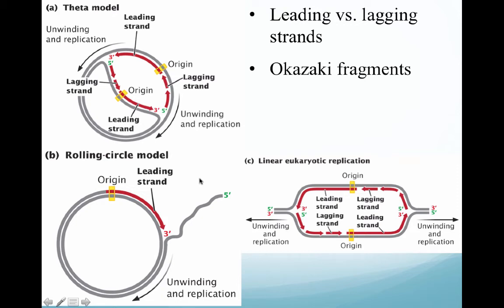Some bacterial species will actually replicate with a rolling circle model, and this is where the double-stranded DNA is stabilized in this circular model. However, at the point of DNA origin, we're going to start synthesizing a new strand of DNA.